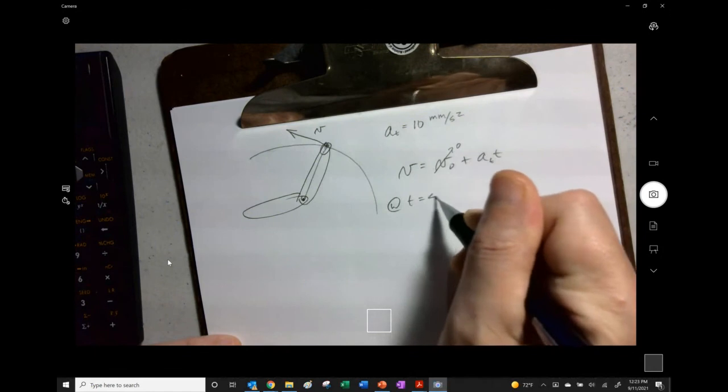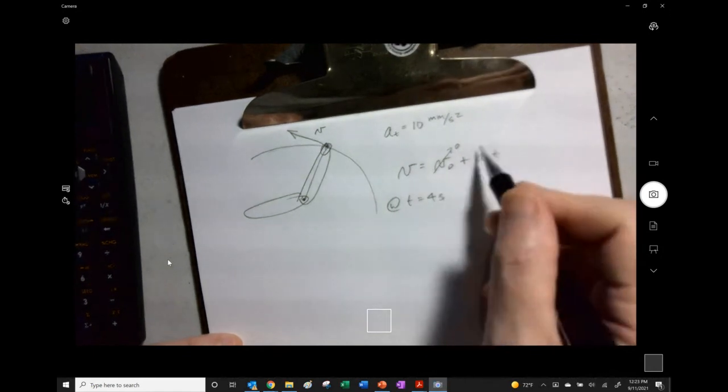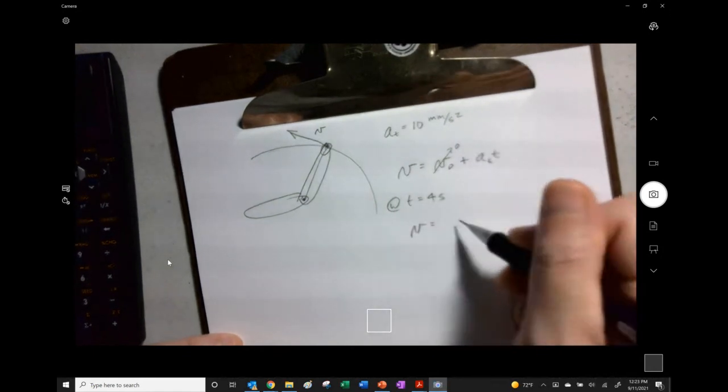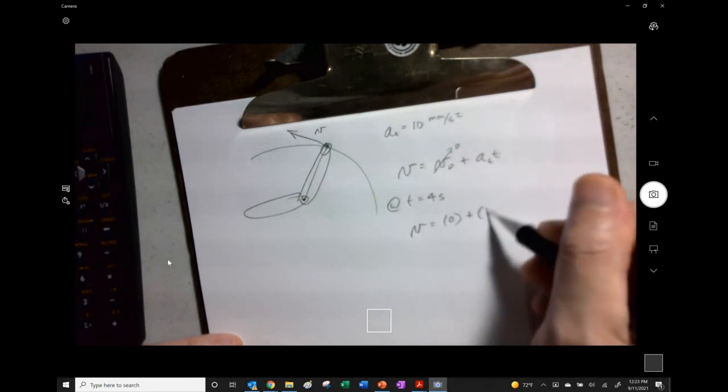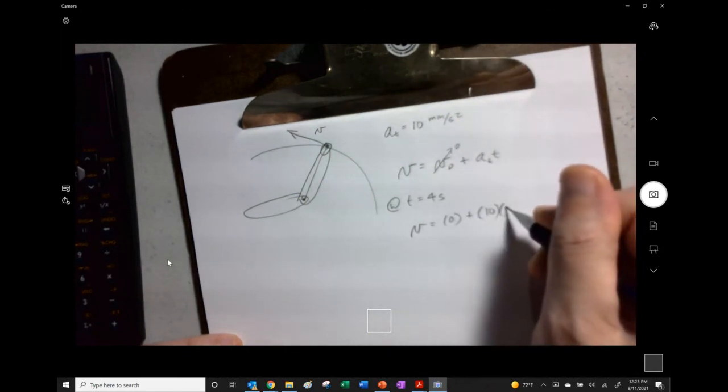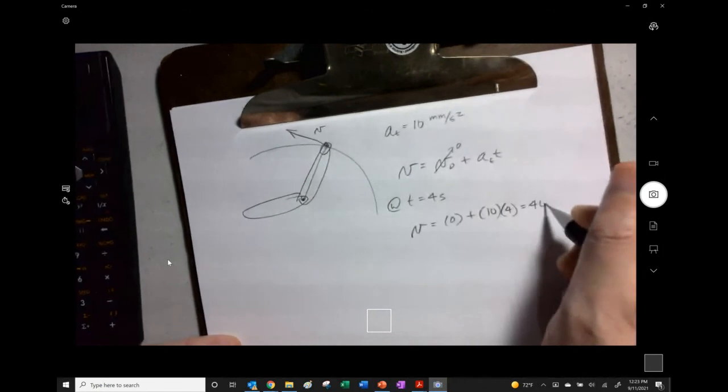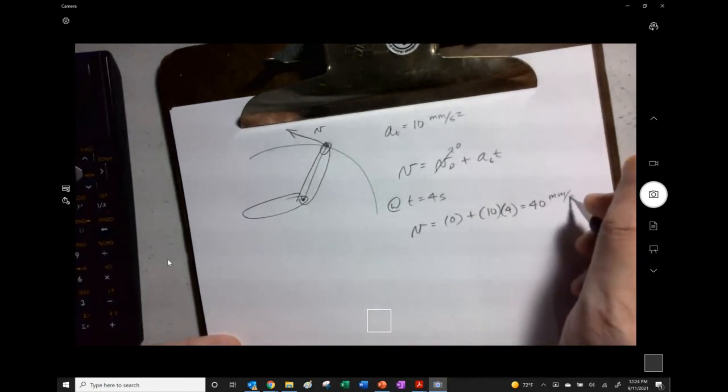At t equals 4 seconds, the velocity is going to be 10 times 4, so it's just 40 millimeters per second.